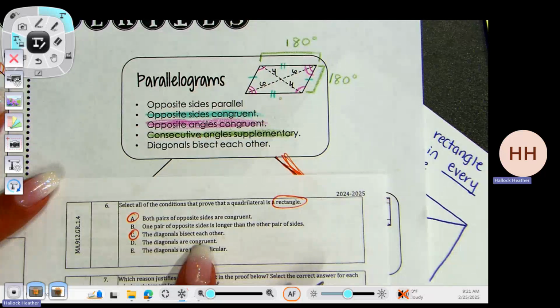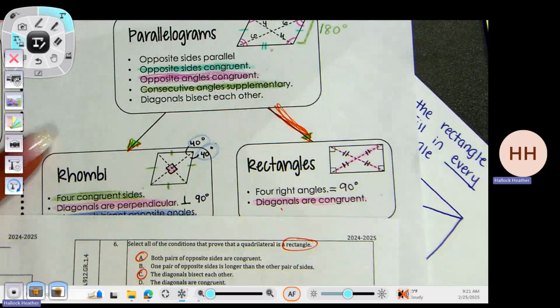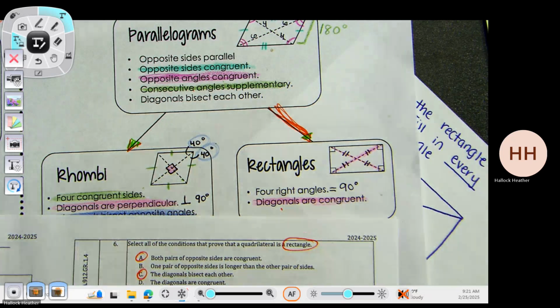The diagonals are congruent. So for a rectangle, where was I?